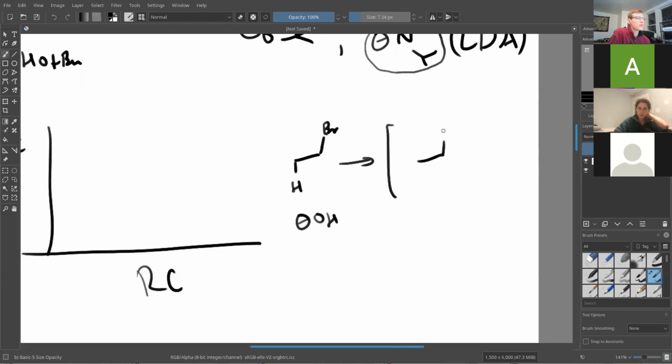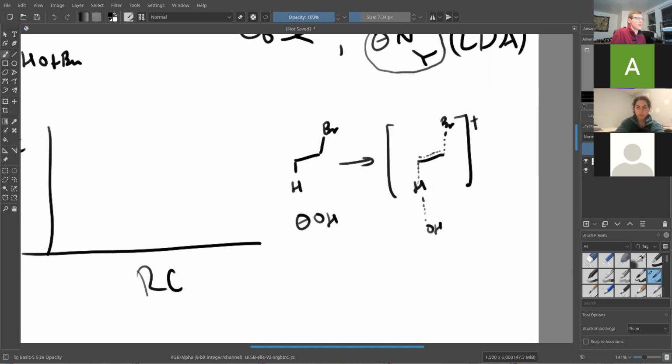But what we do is, the bond to the bromine starts breaking. The double bond starts forming. The bond to the hydrogen starts breaking, and the bond to the hydroxide starts forming. This is the transition state.